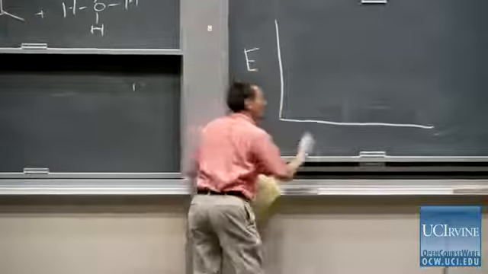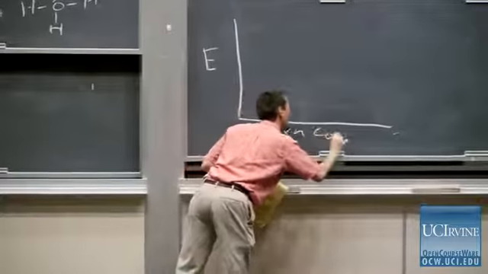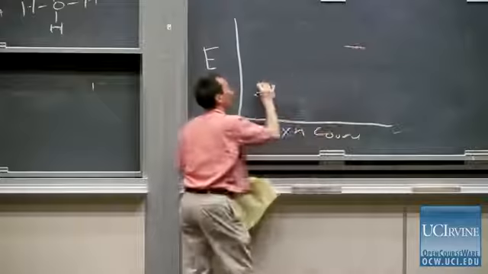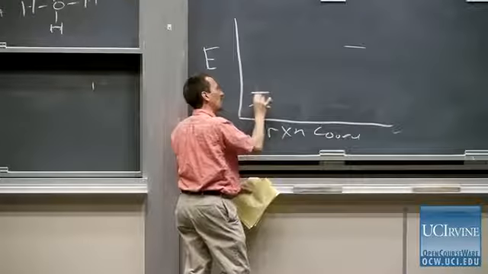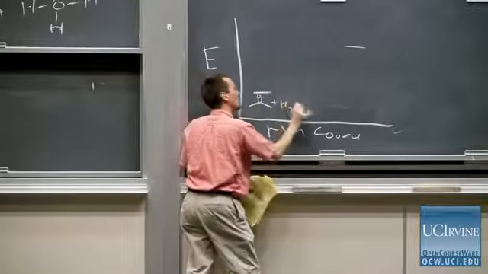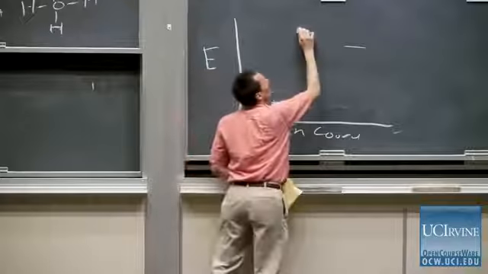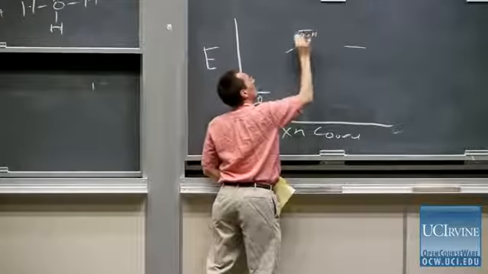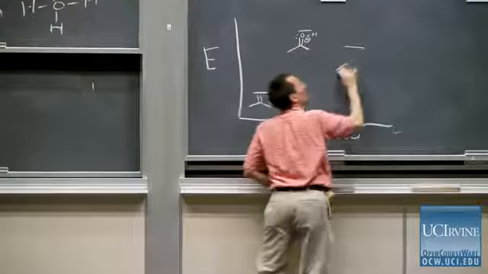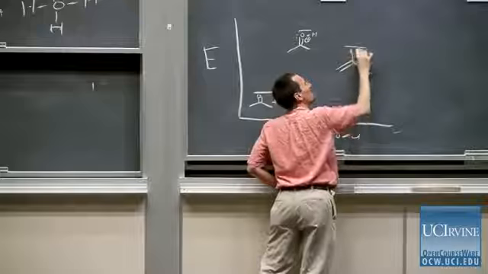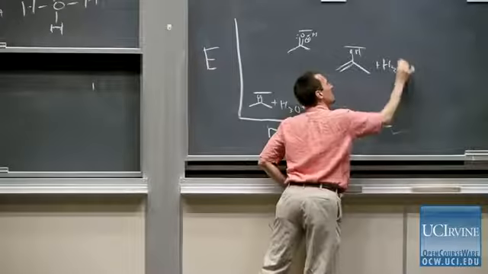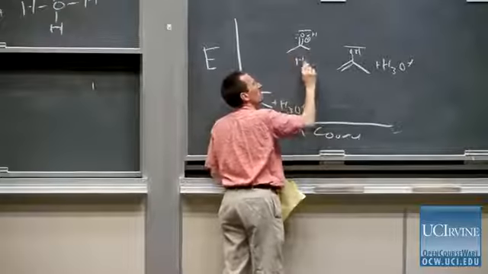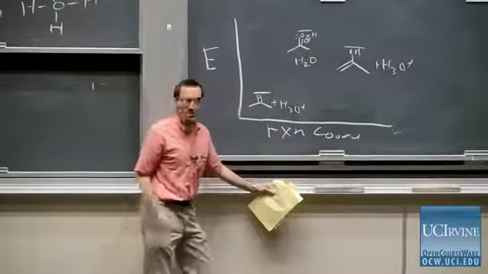so here's our energy, here's our reaction coordinate. When you have a reaction like this, where we're going from reactant, from our acetone plus H3O plus to our protonated acetone, and then to the enol, and technically, if I'm writing this out correctly, this is acetone, protonated acetone plus H2O.